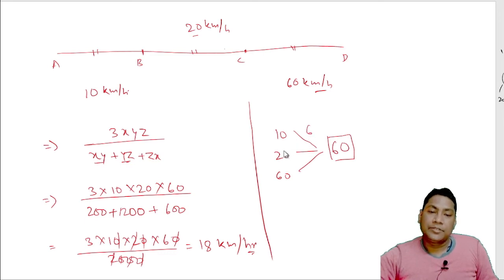For the speed of 20, traveling 60 kilometers will take 3 hours. At the speed of 60, it will take 1 hour.